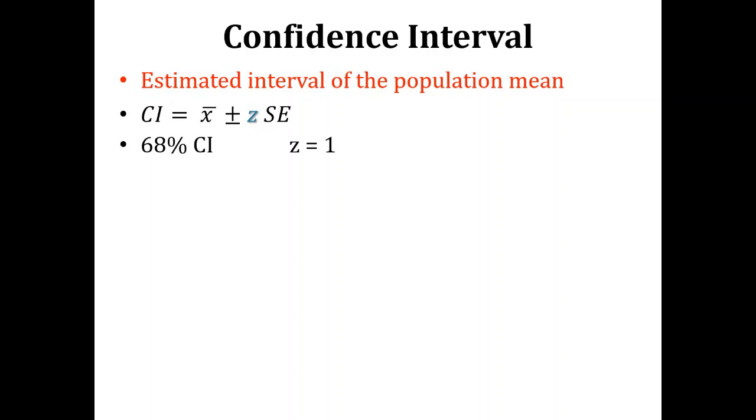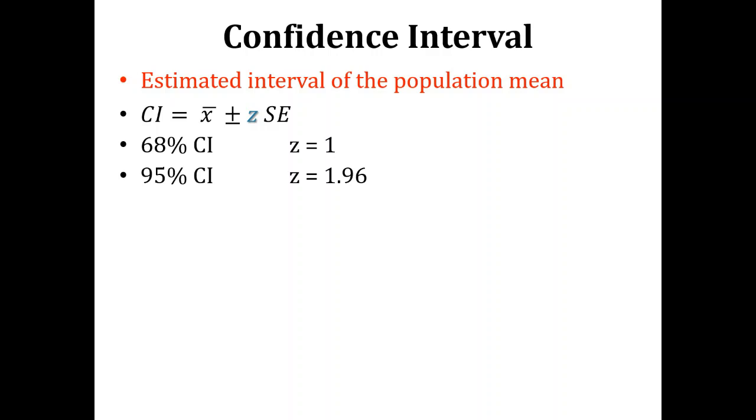This z-score basically defines our confidence level. If we take the z-score as 1, then our confidence level is 68%. And if we want to increase the confidence level, because 68% is not a good confidence level, we need to take a higher level of confidence, and the minimum acceptable level is 95%, right?